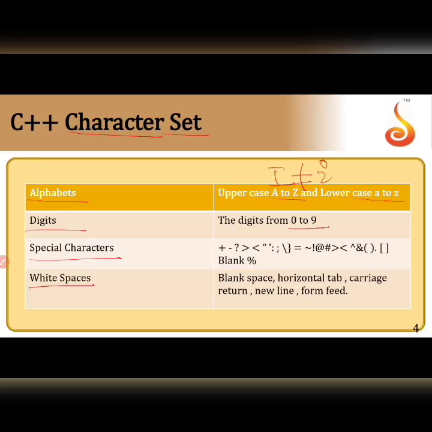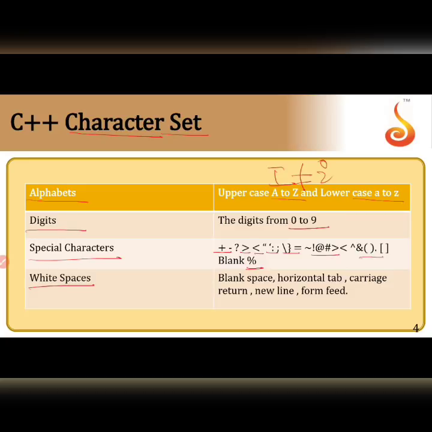Special characters, if it's not an alphabet or a digit, it is a special character, and each special character has its own significance. For example, percentage is modulus. Plus is an arithmetic sum. You have greater than, less than, which are relational operators. Similarly, each one has its own role to play.